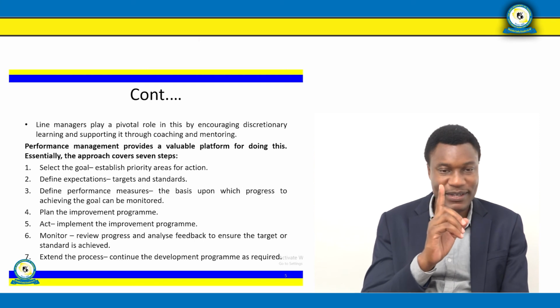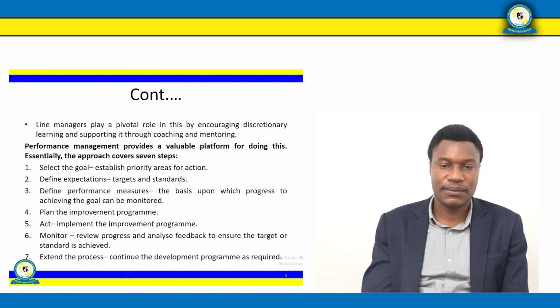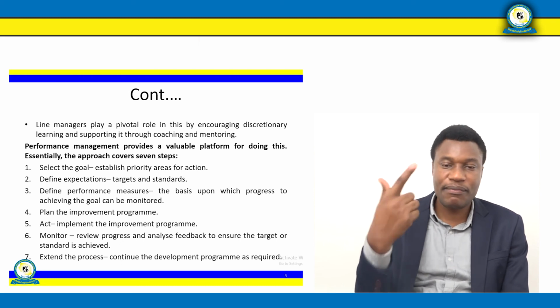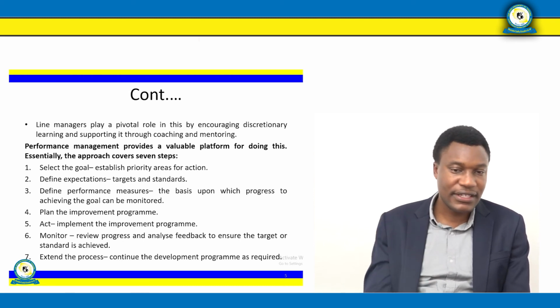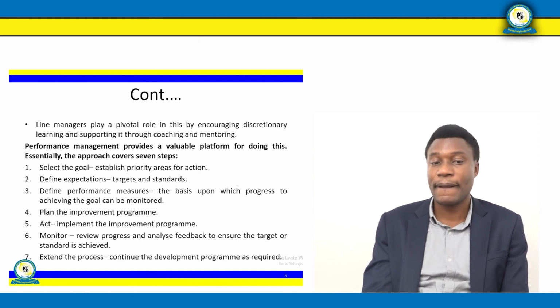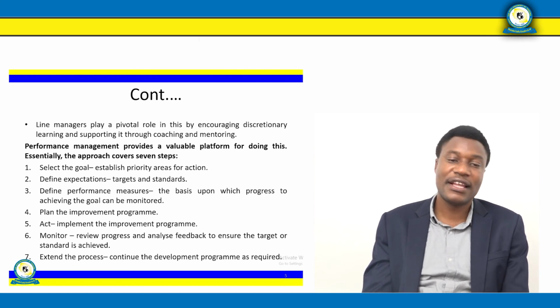Essentially, the approach covers 7 steps. 1. Select the goal. When you want to improve individual performance, select the goals. Establish priority areas for action. Define the expectations, that is the targets and standards.